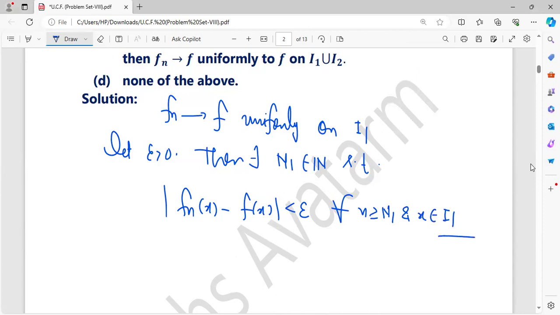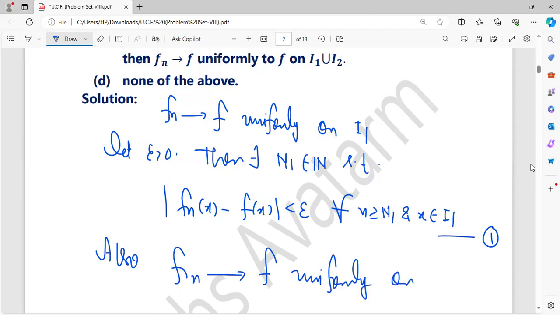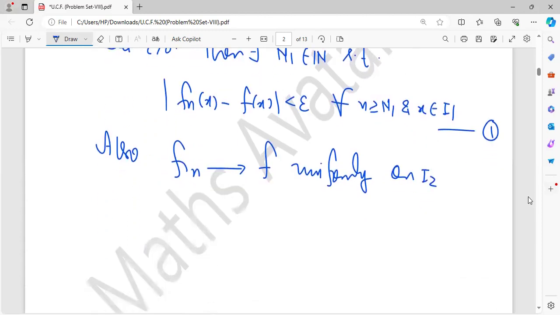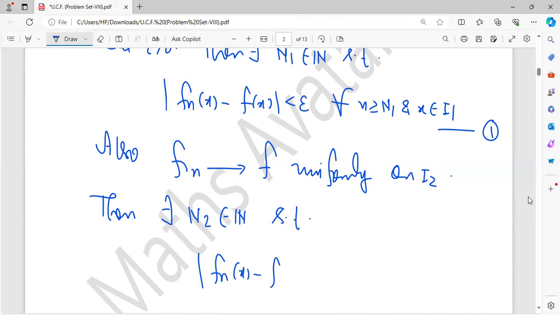Also, fn converges to f uniformly on I2. Then there exists N2 belonging to capital N such that |fn(x) - f(x)| is less than epsilon for all n greater than or equal to capital N2 and x belonging to I2.